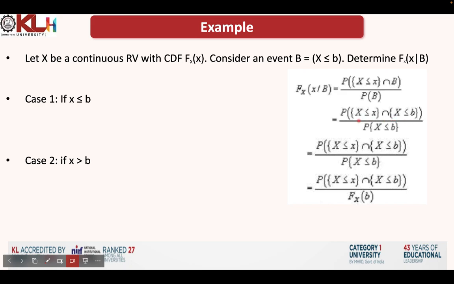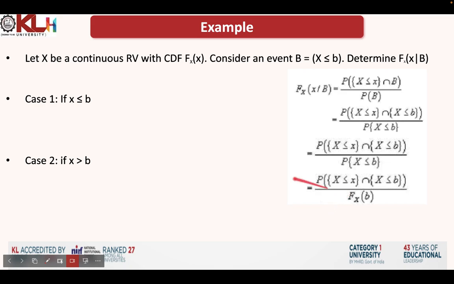So we have these two events together divided by the probability of x less than or equal to b, which is P of b. Now this can be written as probability of random variable x less than or equal to small x and x less than or equal to b, divided by the CDF F of b, by definition.